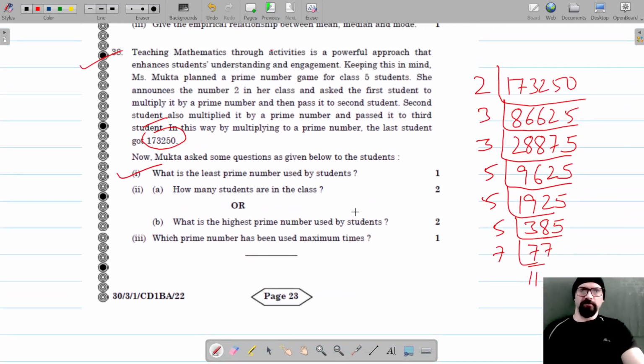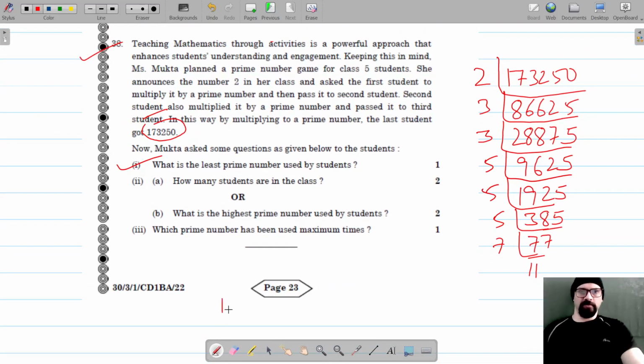So I can write down the prime factorization of 173250 as 2 into 3 square into 5 cube into 7 into 11.